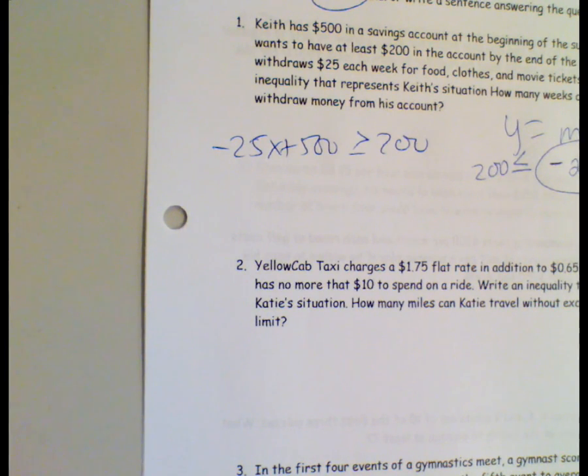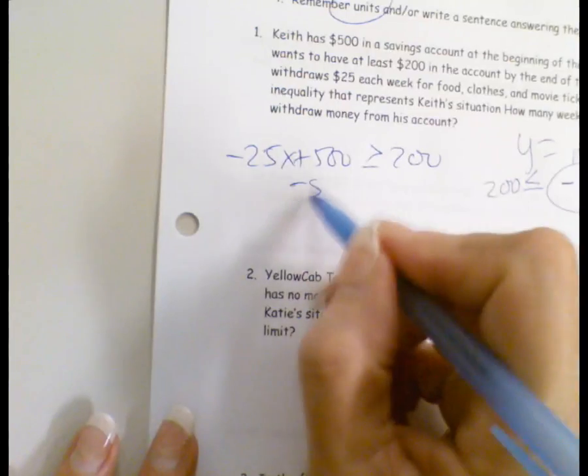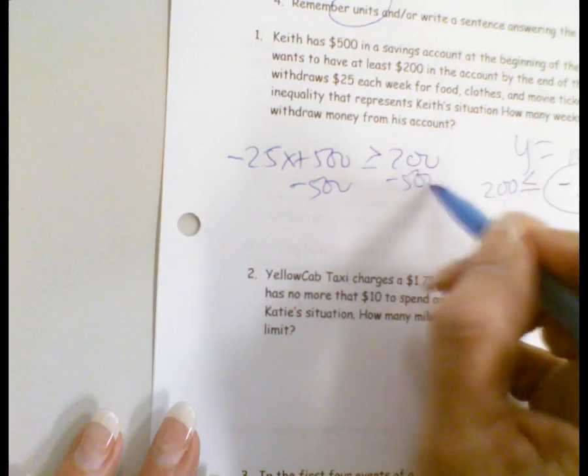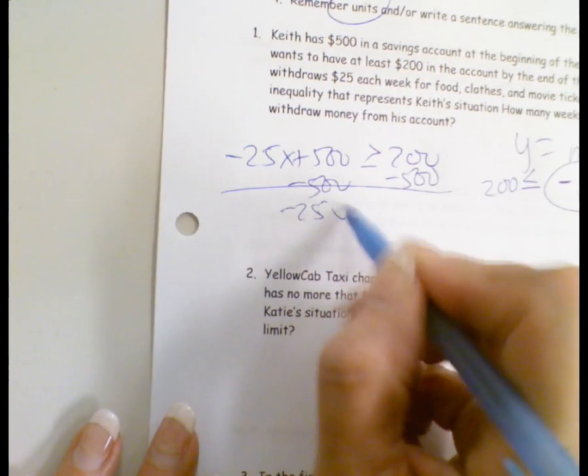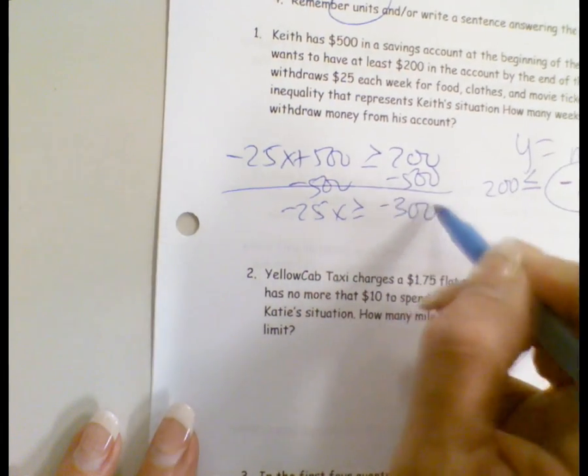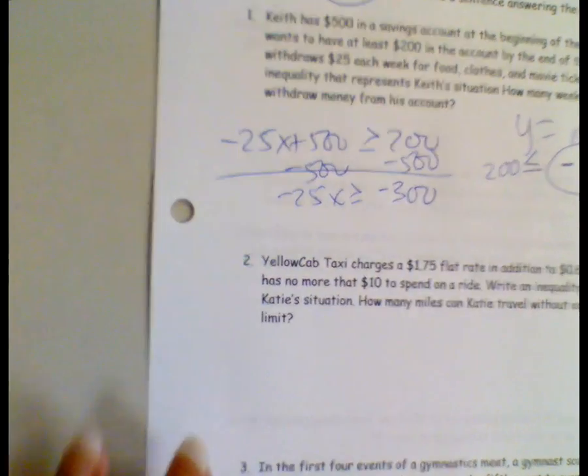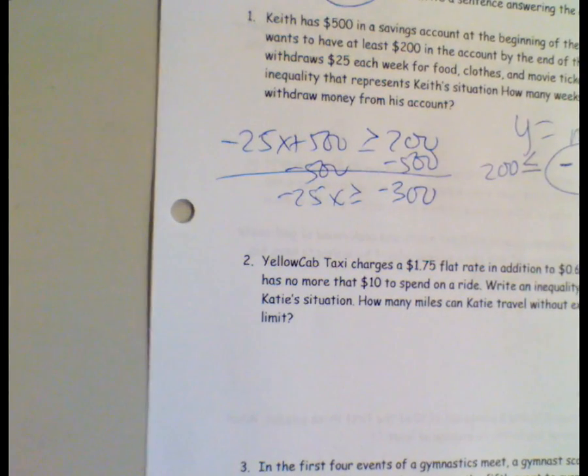Okay, so this is that. And you want to have at least $200 in your account at the end of the summer. So we are solving for what variable? So what would we subtract first? 500. Now, it's kind of weird that you're going to have a negative over here, but that's okay because we're going to be dividing by a negative. You guys understand that?